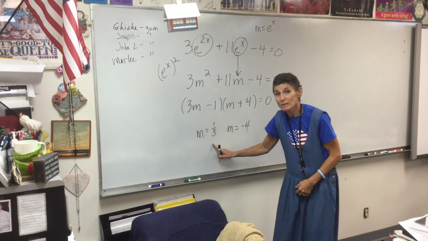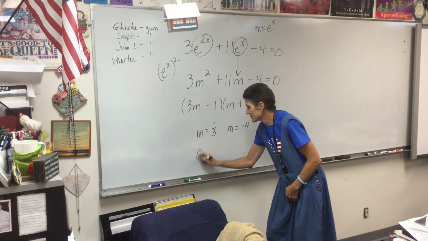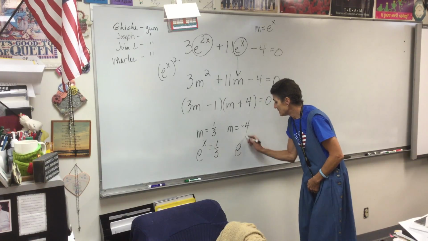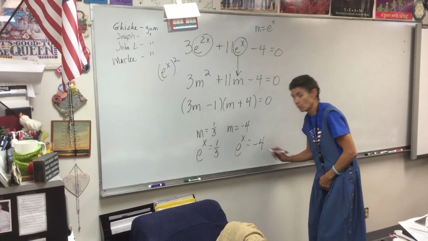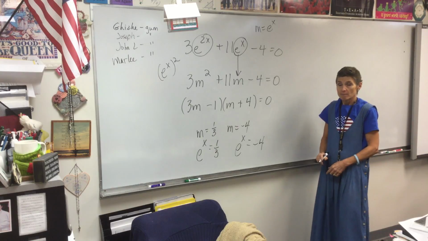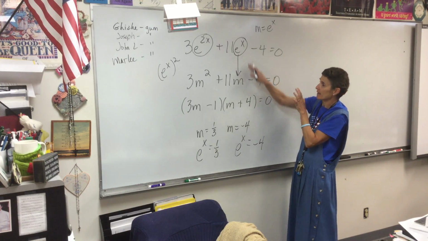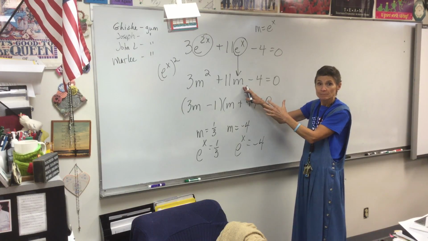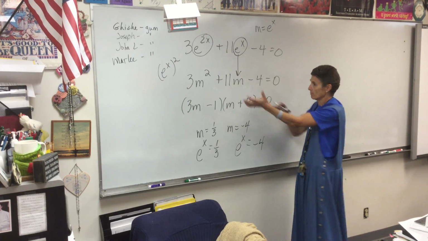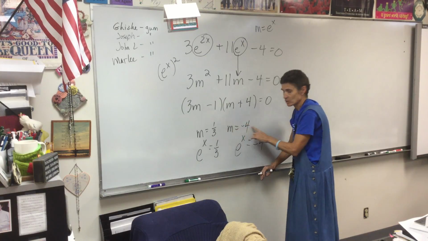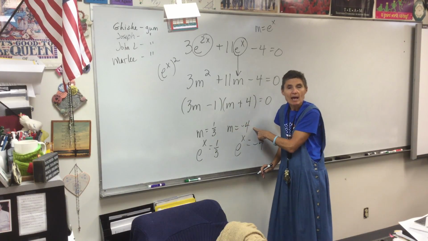So what this really says is e to the x is 1/3, and e to the x is -4, because we took out the e to the x and put in m, because that made it easier to do the problem. Got the problem done. And we got these answers, but they were in terms of m.